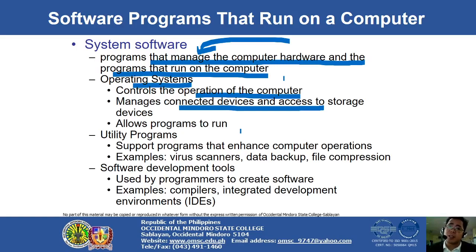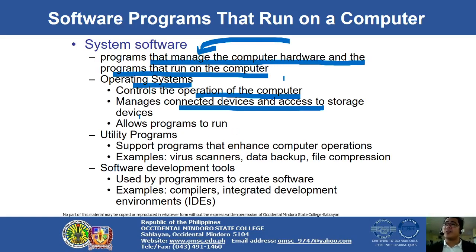Ang iOS kasi they are designed for their own architecture. Yung operating system nila is designed lang for iOS or Apple, iPhones, mga ganon. So medyo costly kasi mahal talaga.